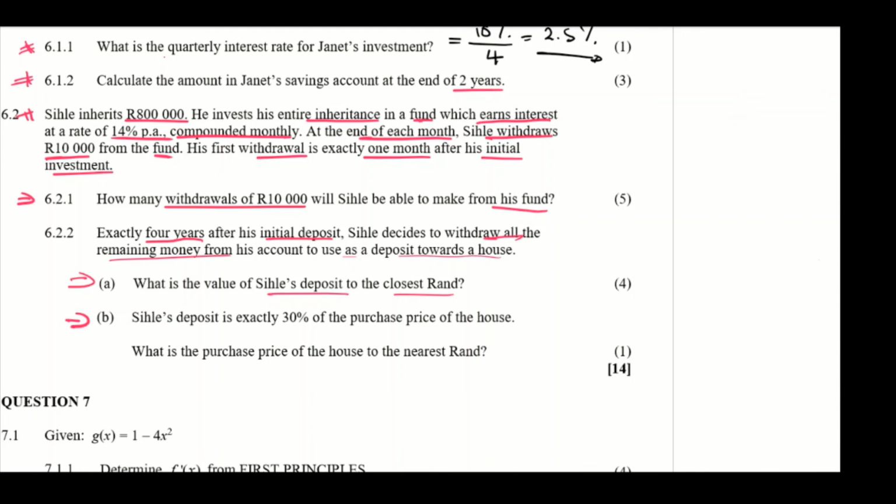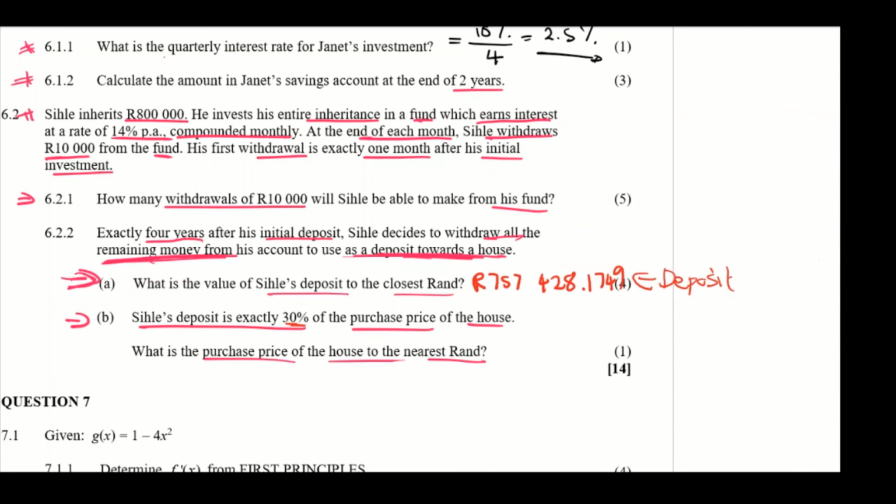So now in B, they say Sihle's deposit is exactly 30% of the purchase price of the house. So what is the purchase price of the house to the nearest rand? So this is just the deposit, right? And we know that we have 30% of the purchase price of the house. So I want to know the purchase price of the house exactly.